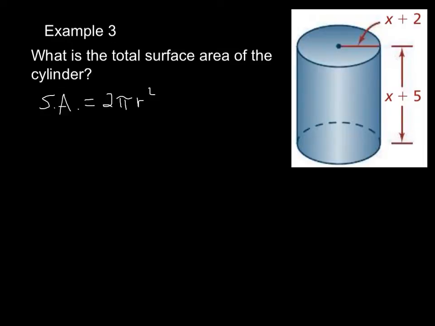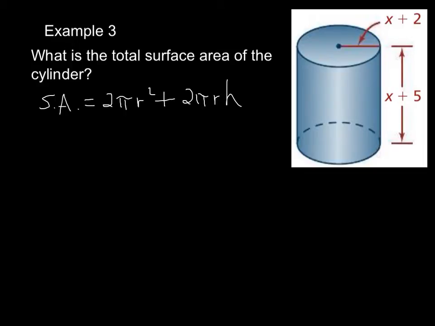So I've got 2 pi r squared, plus I would need the area of the larger part of the cylinder, which is actually, if we were to cut it open, it ends up being a rectangle. So the height of the cylinder and the length of the rectangle would actually be the circumference. So it's going to be 2 pi r times h. Okay? So here is our formula for the surface area of a cylinder.